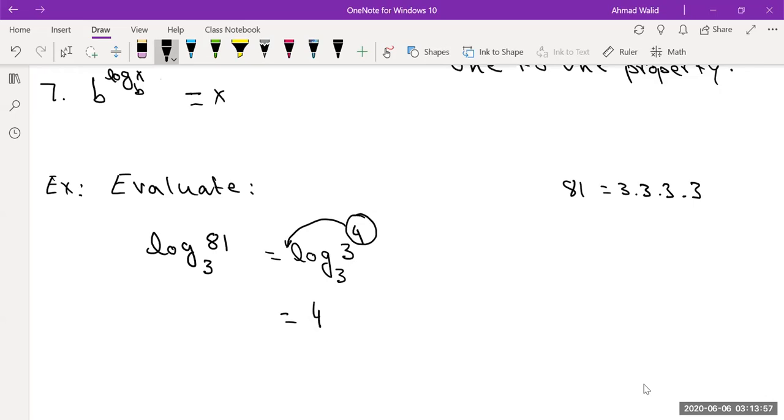Then you can write 4 log of 3 base 3, which is equal to 4 times log of a number with the same base. Log b base b is always 1. Here, log 3 base 3 gives you 1, and 4 times 1 gives you 4.